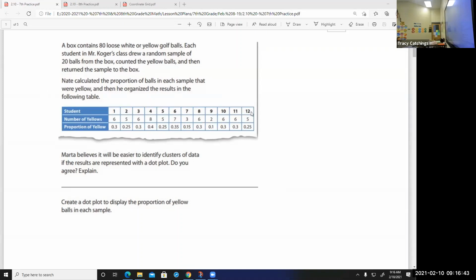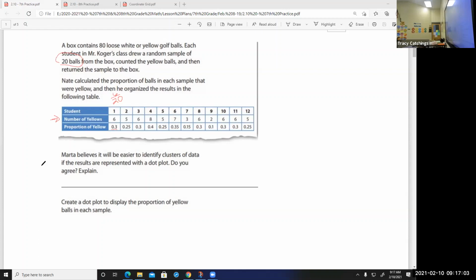So we see the different students. They chose 20 balls, and they told us how many of those balls were yellow. And then, of course, they did a proportion of it. So that would have been 6 out of 20 balls. If you put that in the calculator, that'll give you 0.3. So that's how they ended up with the proportion.